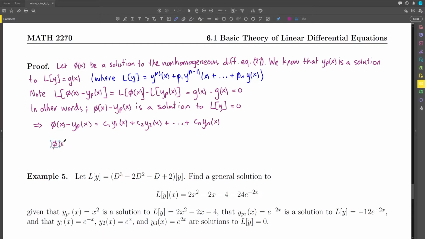So we have that phi of x equals the particular solution of x plus c1 times y1 of x plus c2 y2 of x plus dot dot dot plus cn times yn of x.